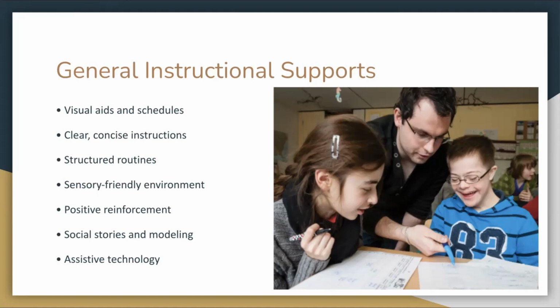And then those visual supports can come in and supplement that structured routine. We're also going to talk today a little bit about sensory-friendly environments and some common sensory integration strategies you can do to help a student feel comfortable in these different settings. Maybe they need some sensory input to fully engage in an activity that's going to relax them and help them feel ready to start, ready to begin, ready to engage.